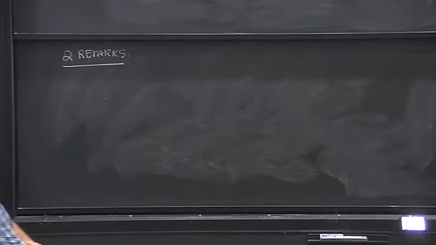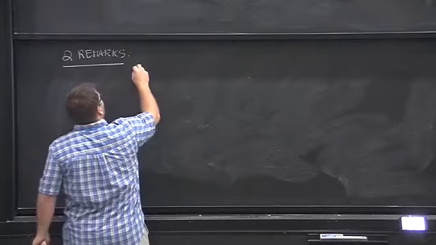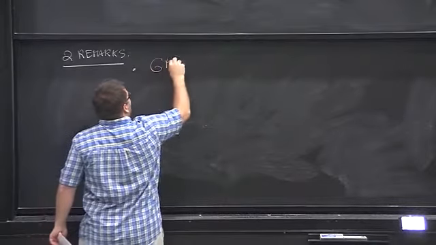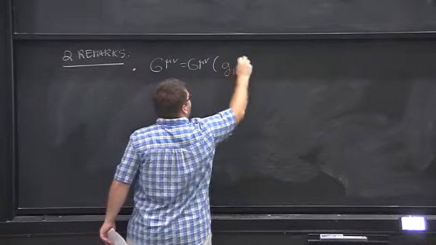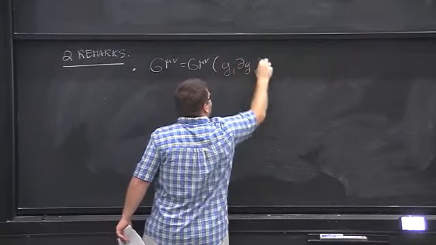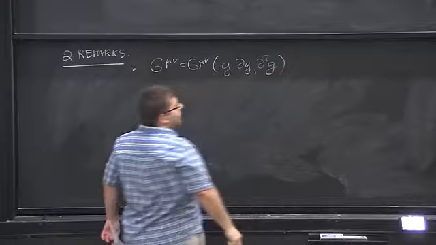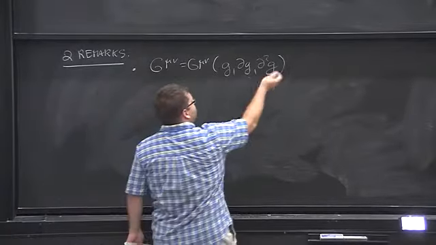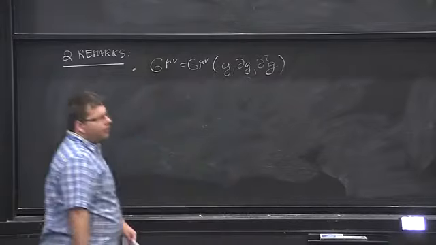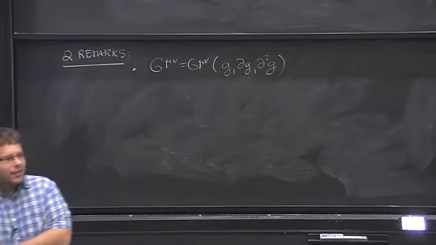So if you look at our Einstein equations in vacuum, they are G mu nu equals 0. Of course, G mu nu is a function of the metric, of the first derivative of the metric, and the second derivative of the metric. So now the Einstein equation is that you are setting this equal to 0. Now look at this.